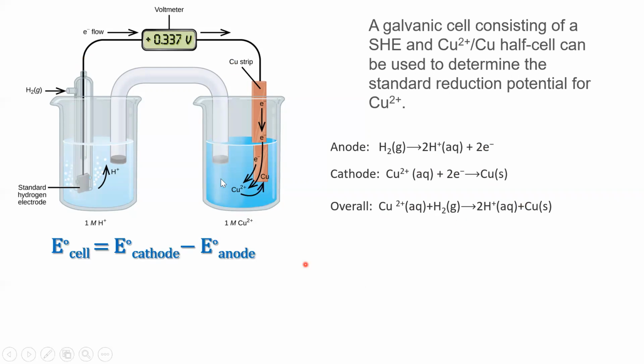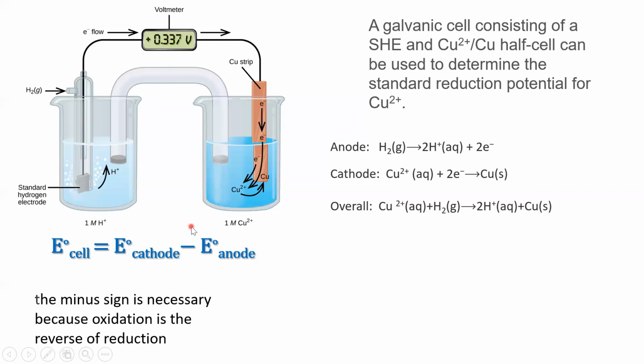Now, this is the voltage that's read across this cell, okay, 0.337 volts. When we go to calculate the potential difference across this cell, we're going to take the value at the cathode and subtract the value at the anode.